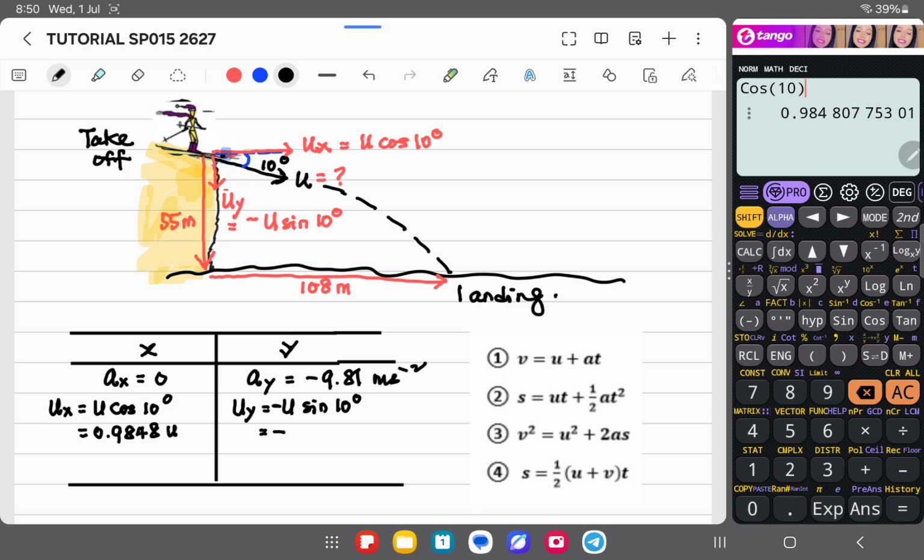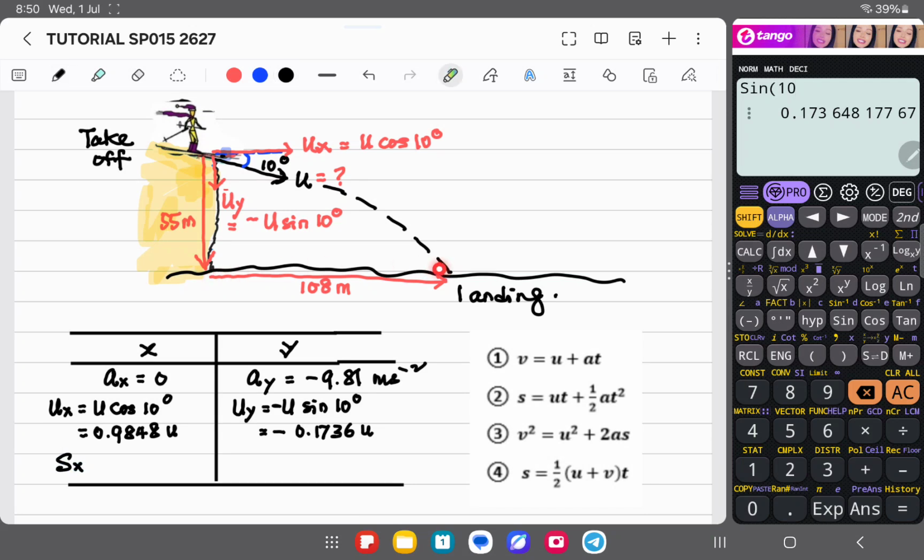Sin 10 degrees is 0.1736, so uy is negative 0.1736u.